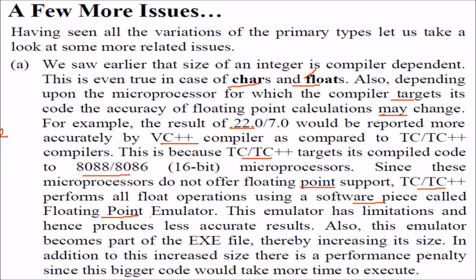This emulator has limitations, and hence they produce somewhat less accurate results. This emulator becomes a part of the exe, and when something becomes a part of the exe, it increases the size of the exe. And if you have an increased size, there will be a performance penalty because bigger code will take more time to execute.